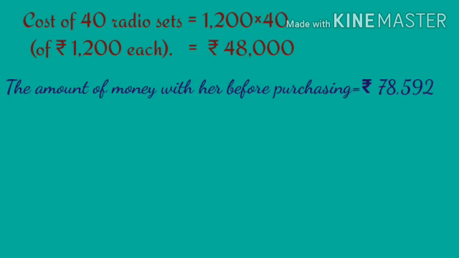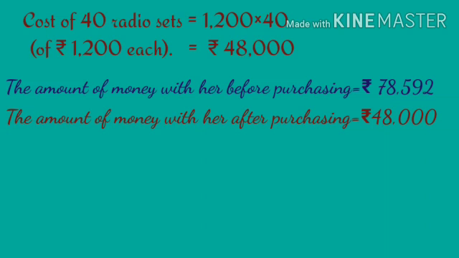Before solving, we need to write one more sentence, that is, how much money she had before purchasing. She had 78,492 rupees, but the total cost of 40 radio sets is 48,000, which we have already solved over here. Then subtract this number 48,000 from 78,492 rupees, which she had before purchasing those 40 radio sets.